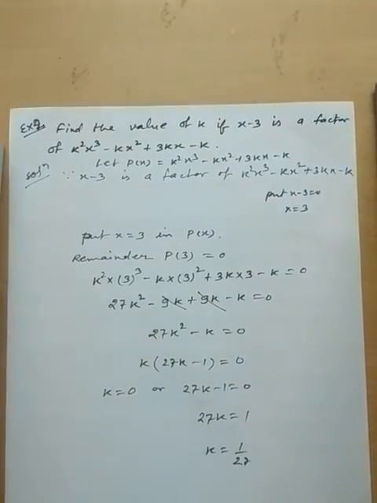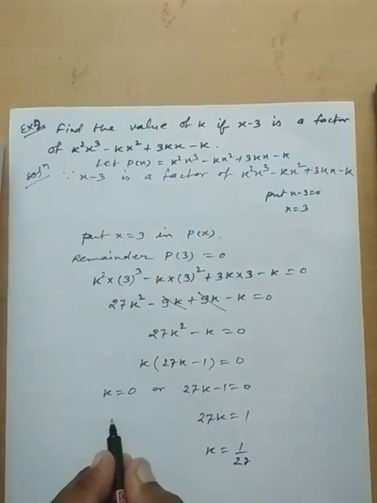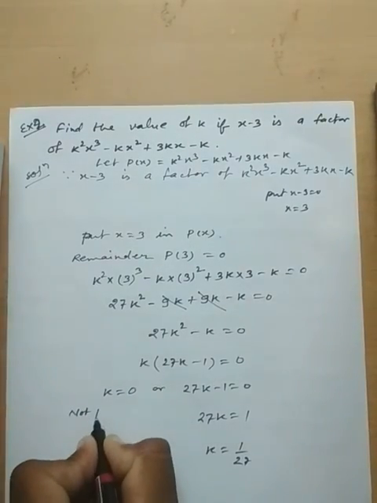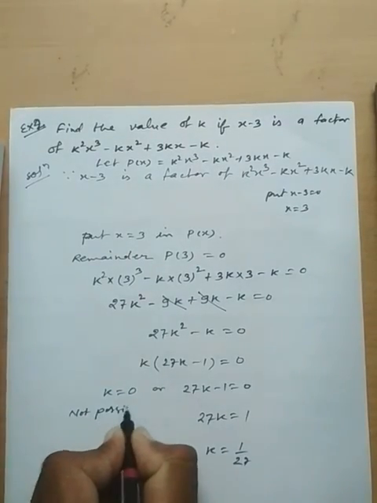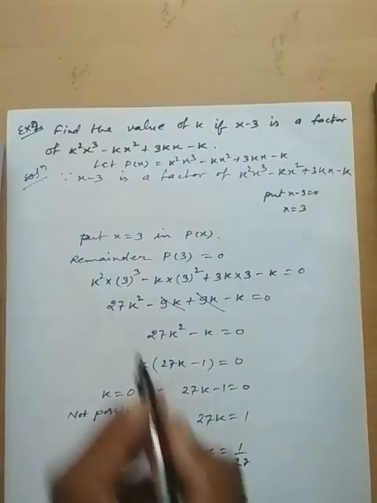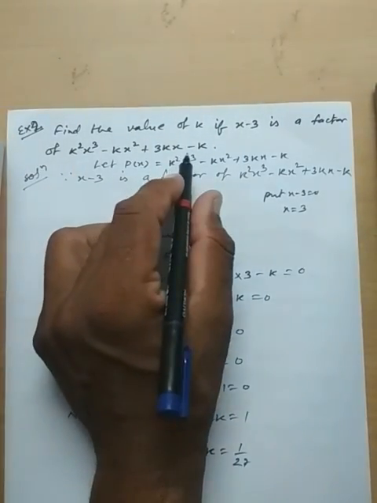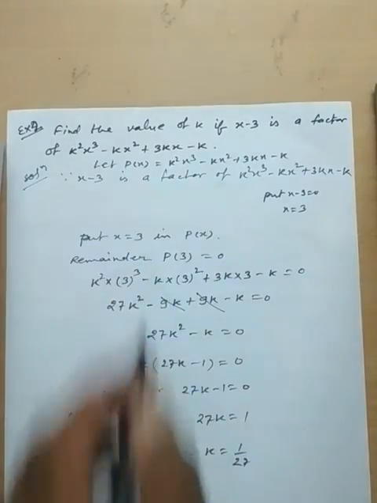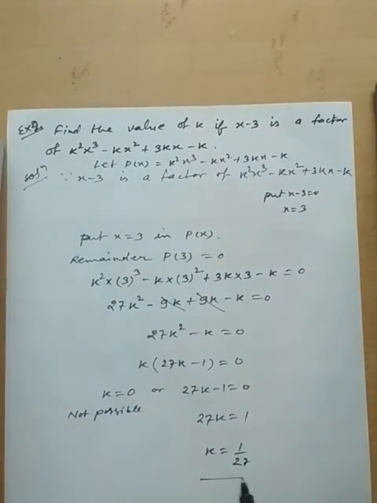In this question k equal to 0 is not possible, because if we put k equal to 0 in p(x), then the whole polynomial is 0. So the final answer is k equal to 1 upon 27.